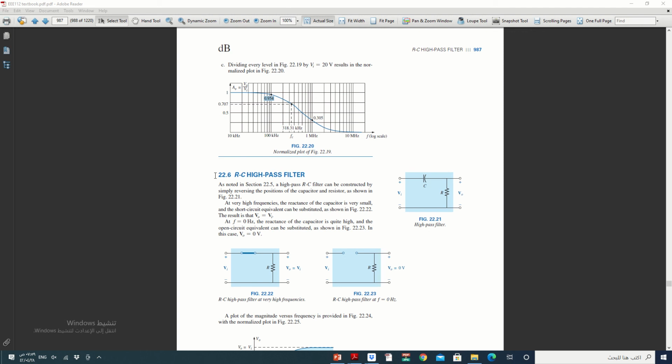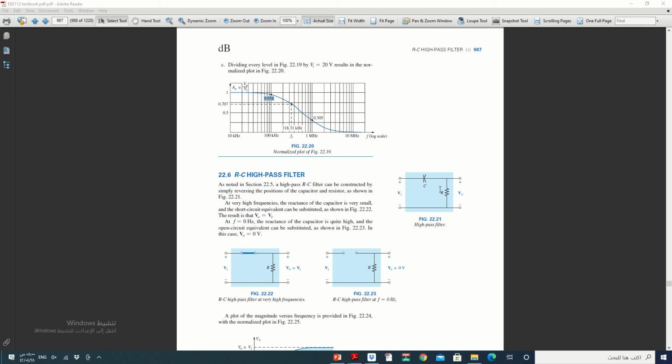For section 22.6, it is the RC high pass filter. We mentioned before that if we interchange the resistor and capacitor from the low pass filter, you will get the circuit for the high pass filter.